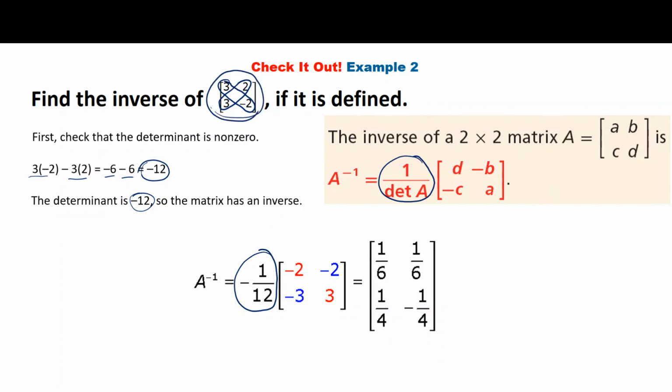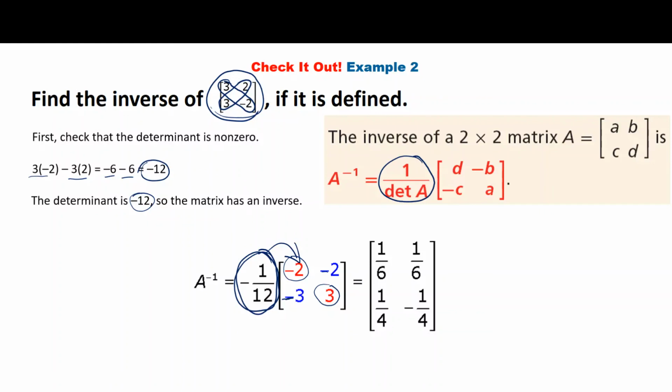So what we have to do is switch our negative 2 and our 3. So here the negative 2 is now in this spot and the 3 is in this spot. And we have to change both B and C to their opposites. So now we have our new matrix. We can multiply by 1 over the determinant. And again, since this is just a scalar, we can just multiply right through.